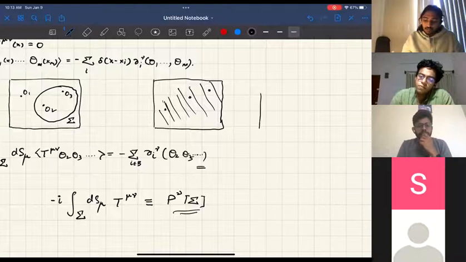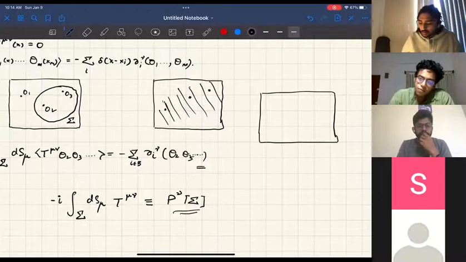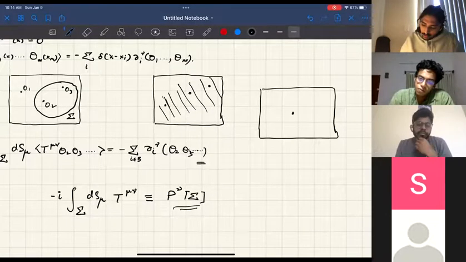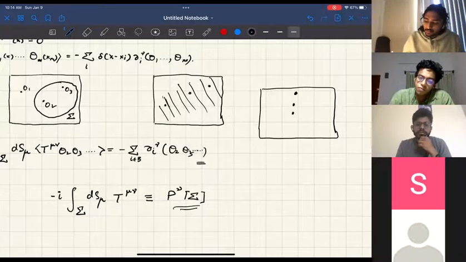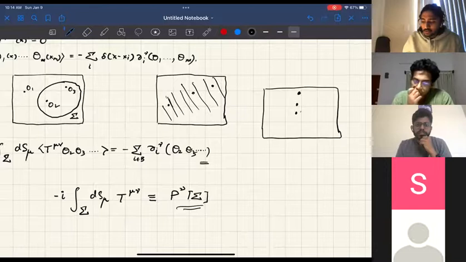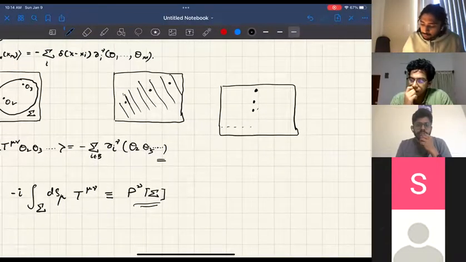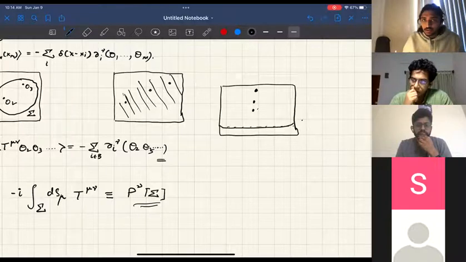What I mean by that is, this actually comes into quantization as well. Let's say there are some operators here, and now I insert my surface here. It's closed, or it can be asymptotically closed as well.